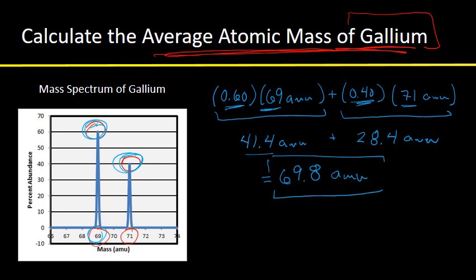And if you check the periodic table, my periodic table, for example, sometimes there are small differences in those last few digits because they get remeasured and they sometimes get revised. But anyway, the periodic table that I'm looking at has 69.72 AMU.